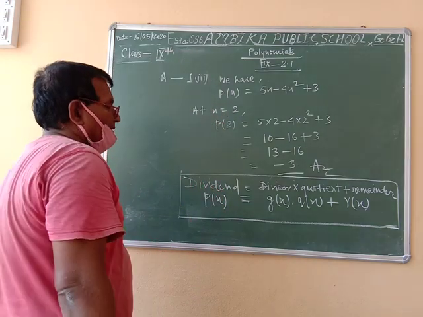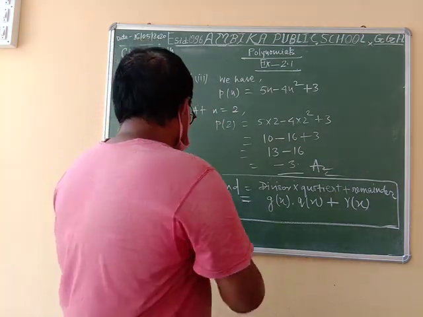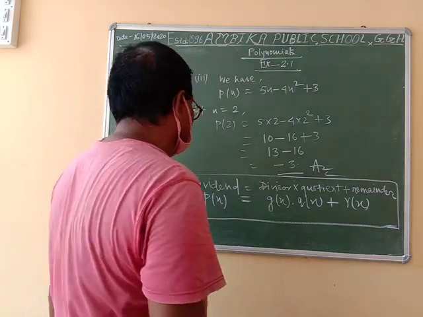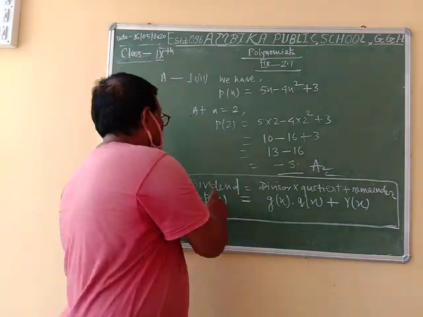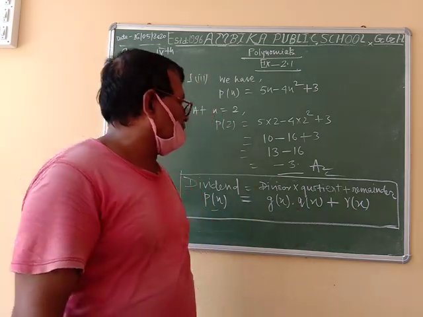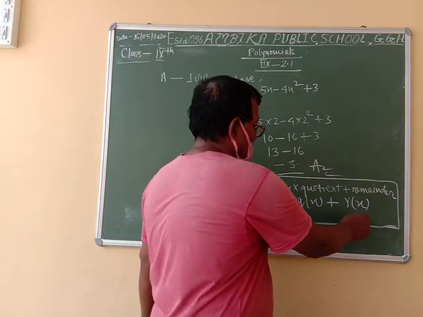So in general, division algorithm p(x) बराबर g(x) into q(x) plus r(x). Here p(x) is dividend, g(x) is divisor, and q(x) is quotient, r(x) is remainder.